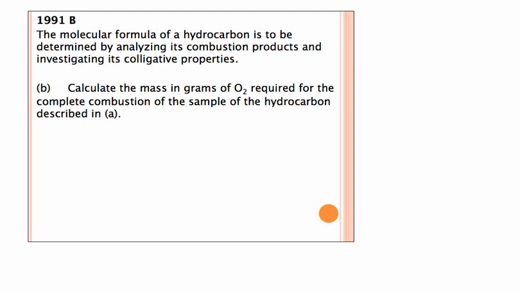Now the next one is a more traditional stoichiometry. We want to know how much oxygen was required. So if we're going to do a traditional stoichiometry, we have to balance. So we'd have C2H5 plus O2, and this would give us H2O plus CO2.